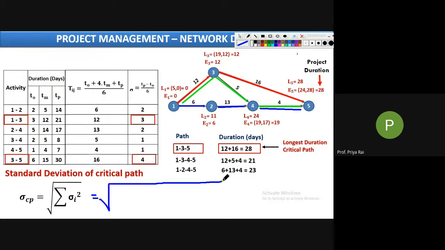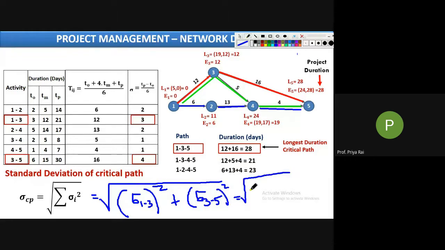Under the root we put the summation: sigma 1 to 3 squared plus sigma 3 to 5 squared.